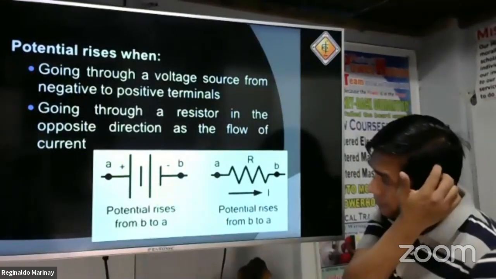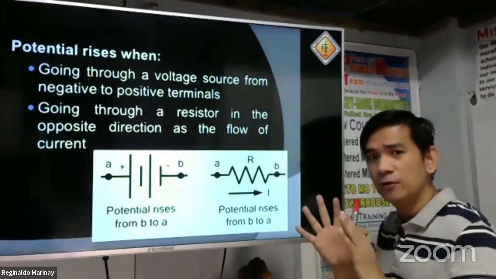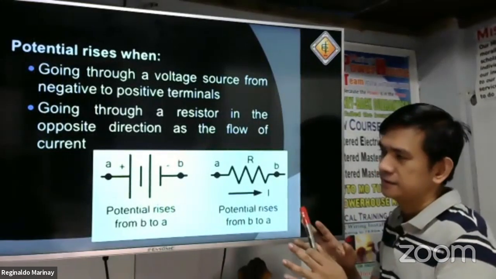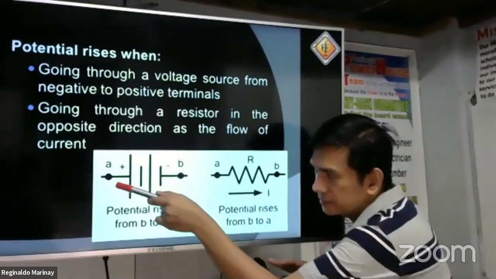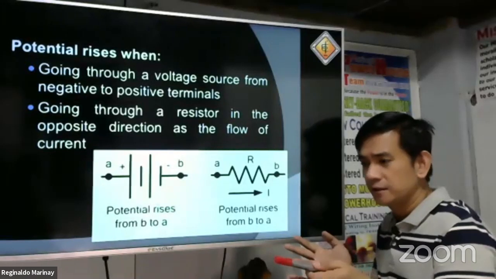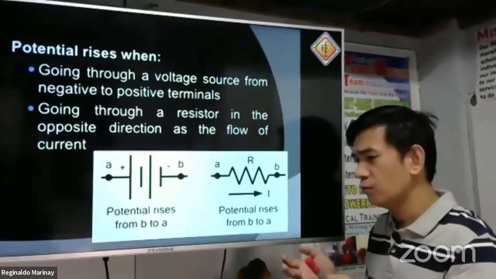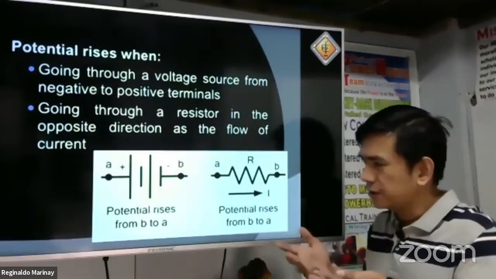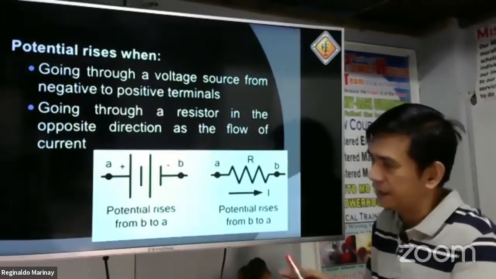So meaning, we are following the conventional flow of current, which internally is negative to positive. Just like we discussed before in our electrical principles. For those who have not yet watched our lecture about electrical principles, you may take a look at my YouTube channel.